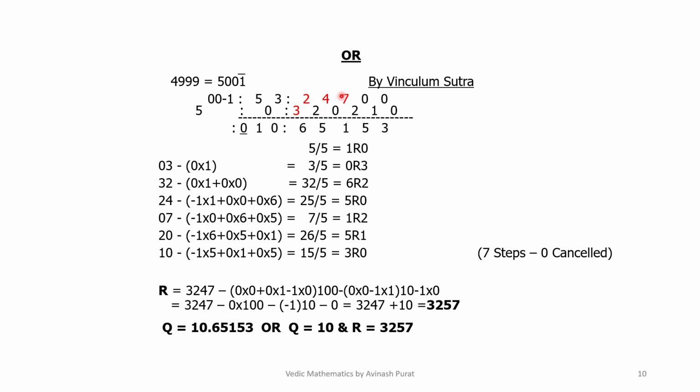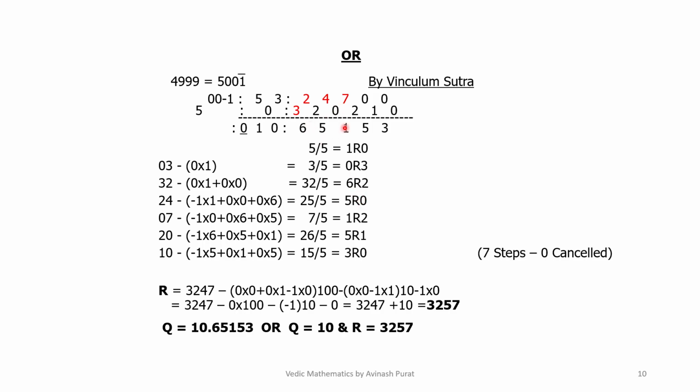Now 24 is the dividend. 24 minus 1 into 1 plus 0 into 0 plus 0 into 6, that is 24 plus 1, 25 divided by 5 equal to 5 or 0.